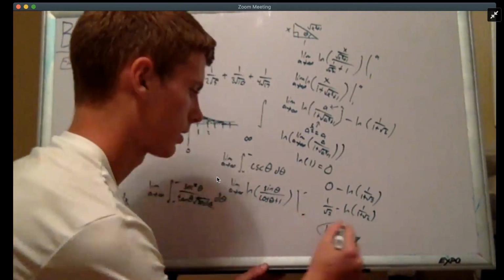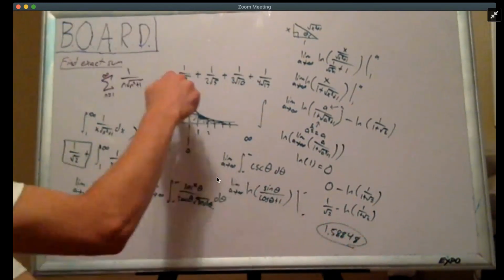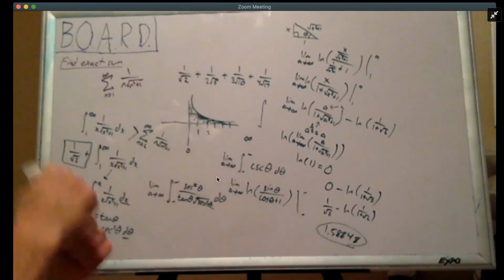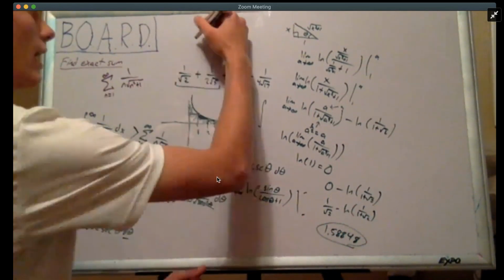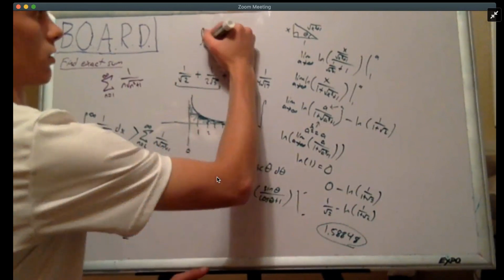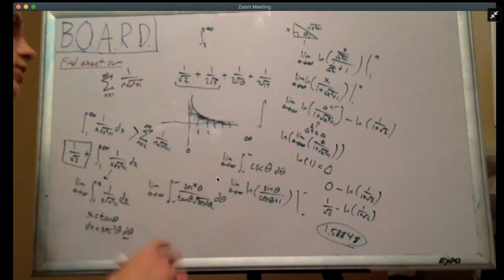And there we are. So again, if you want to get closer to this, you can always take out more of these terms. Like if I took out these terms, added them up, and then added the integral from 2 to infinity, that would also work, and it would get you closer as you're deleting some of this space.